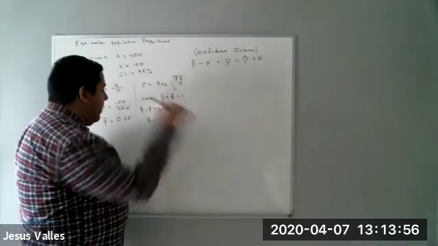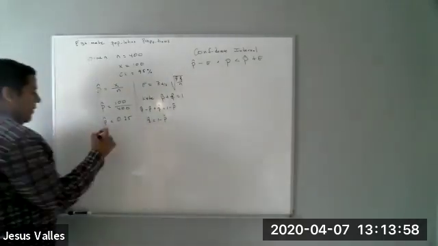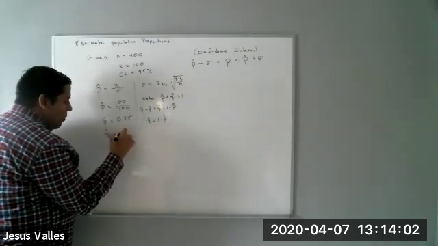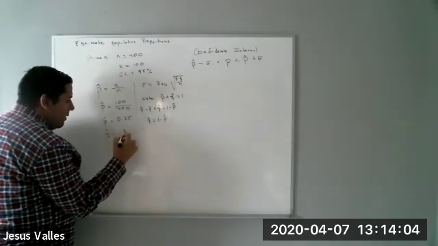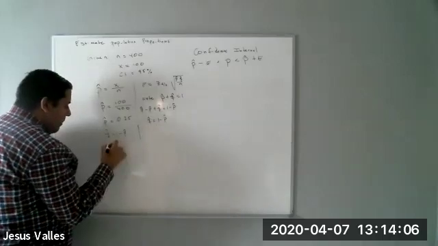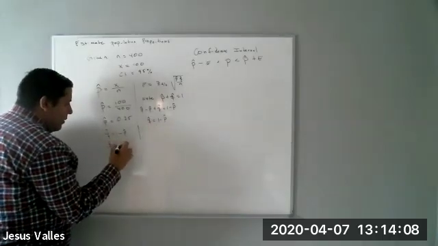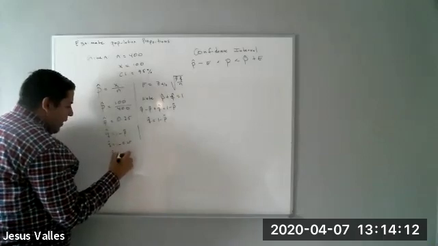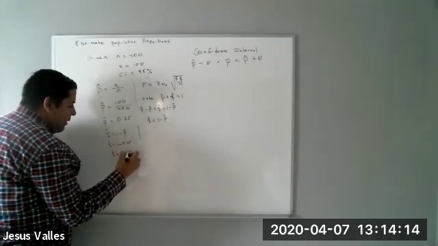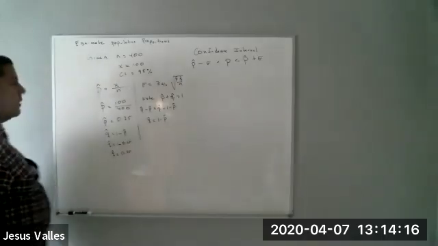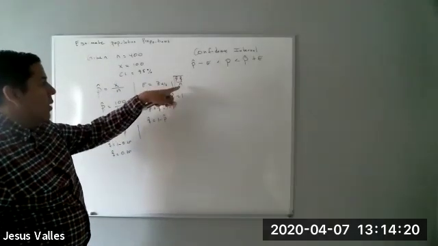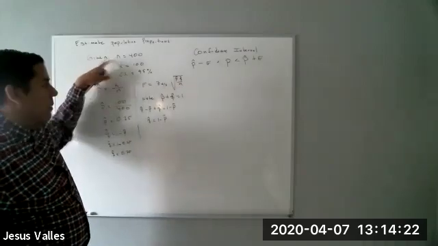So q hat is 1 minus 0.25, which is 0.75. Now I know what p hat is, what q hat is, and what n is because it's already given in the problem.